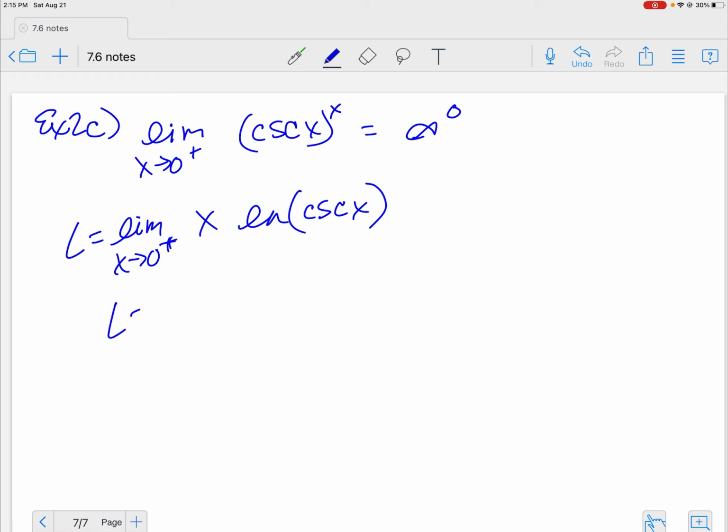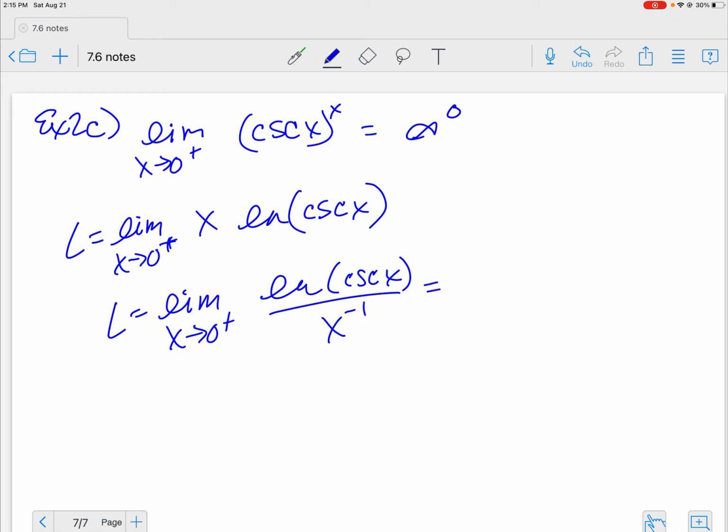All right. So rewrite this. L is equal to the limit as x approaches 0 from the right of the natural log of cosecant x over x to the negative 1. Now I've got my indeterminate form here, and then we can do L'Hopital. So this is infinity over infinity, right? And I've got L'Hopital.